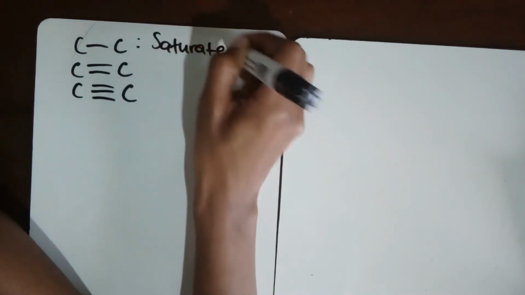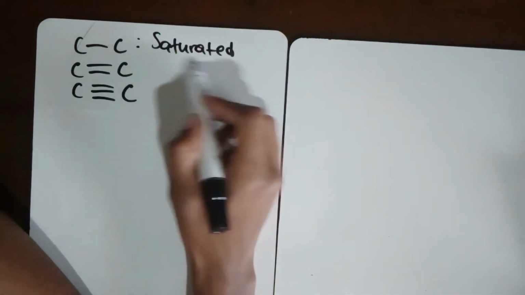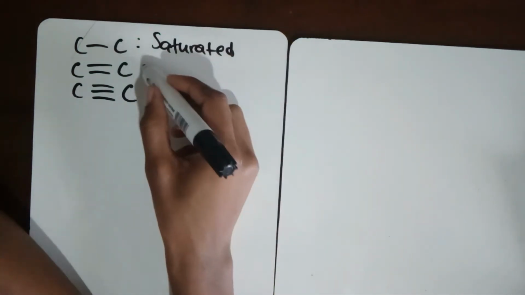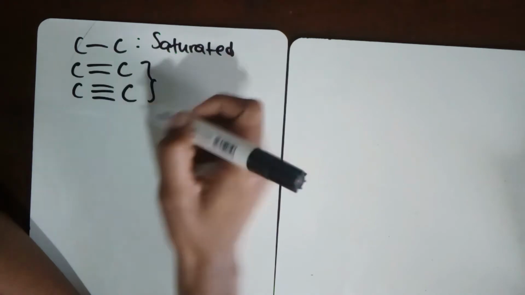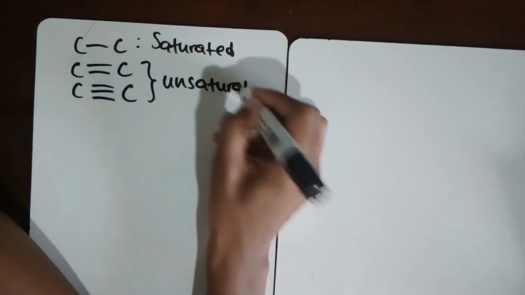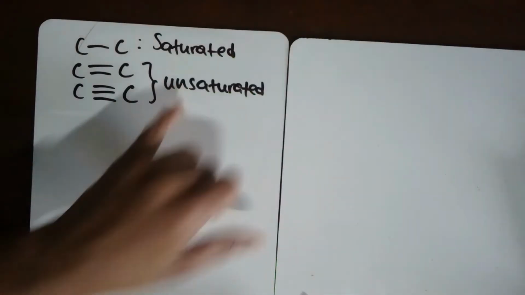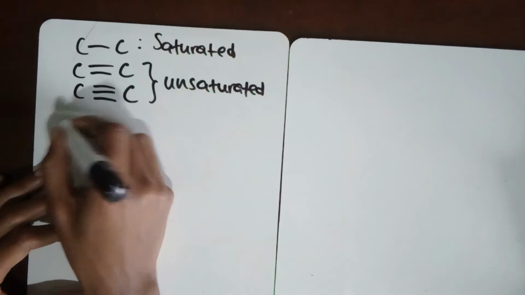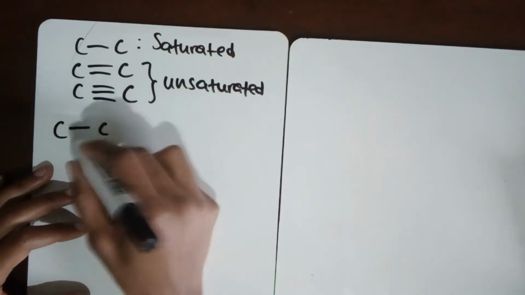It's important for you to know the definition of saturated. And when it forms double bonds or triple bonds, we call it an unsaturated compound.